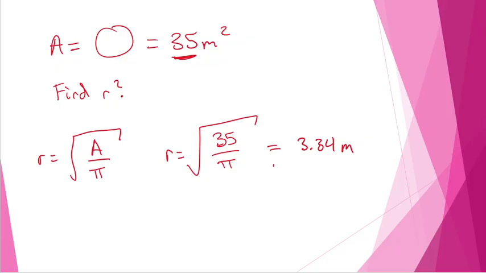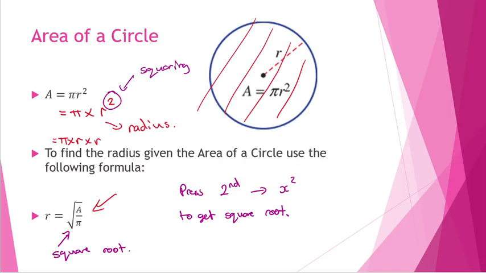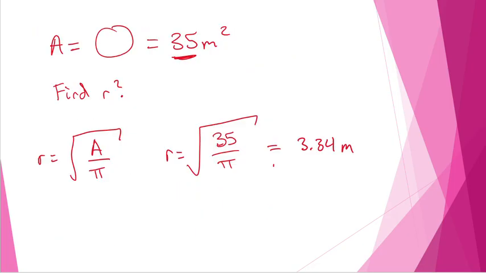Now, over here, I've just written an extra example. So I have a full circle, and I know the area of it is 35 meters squared. And the question just says find the radius, okay? So if you just refer back to this slide here, to find the radius, given the area of a circle, I'm using this formula here. r is equal to the square root of A over pi, okay?